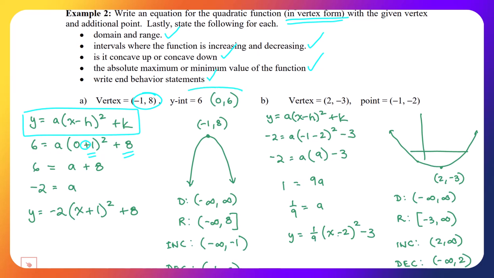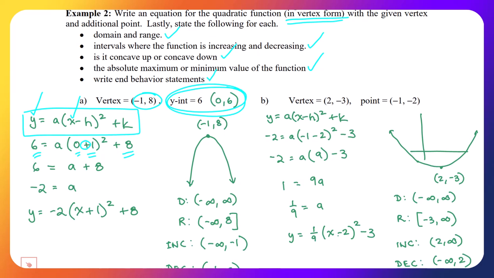Now, they give us the y-intercept of 6. What that is, is just some x and some y on the parabola. The y-intercept is on the parabola. And so I plug in 0 for x and 6 for y.